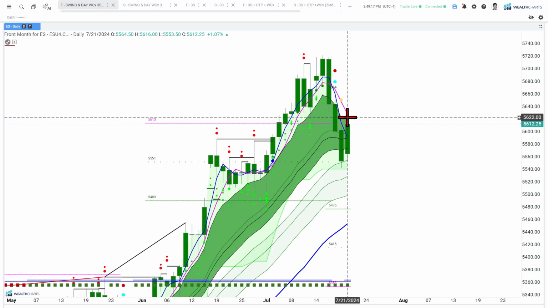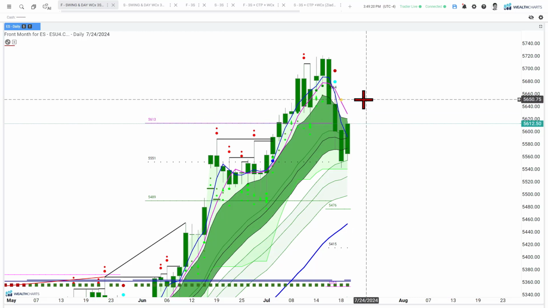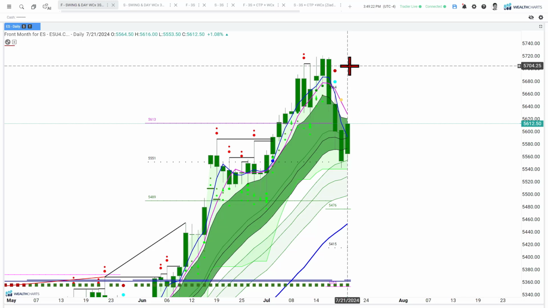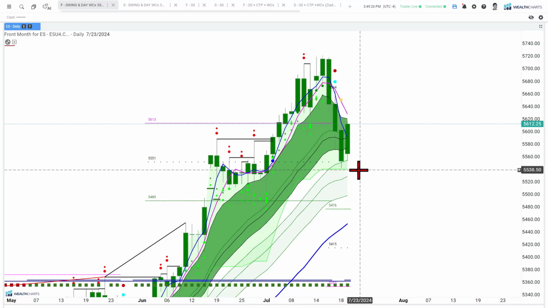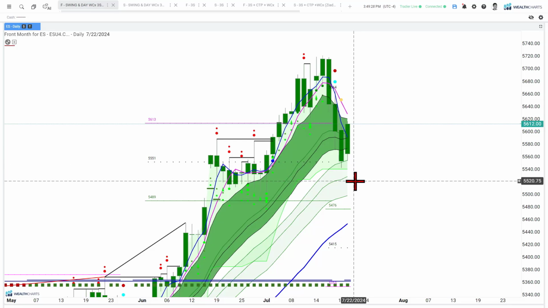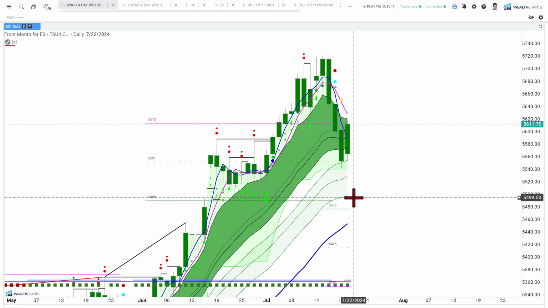We need to either break out, which would open the door for a rise potentially back up to highs or new all-time highs, or we need to break down, and that would include seeing a couple of days of price action below the MSR channel, and that's all the way down here in the 5490-ish area.